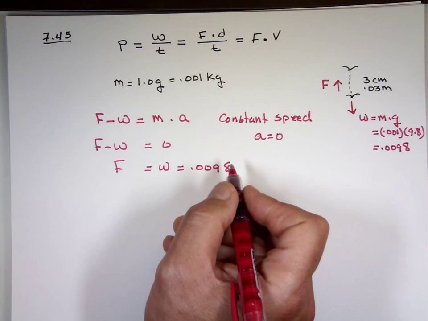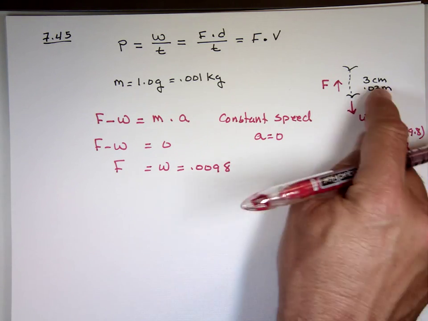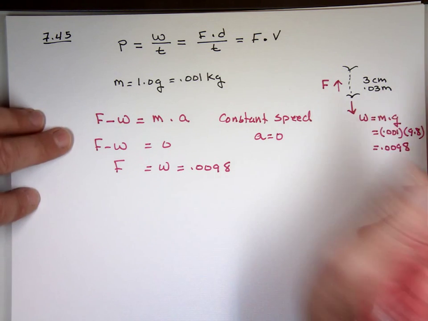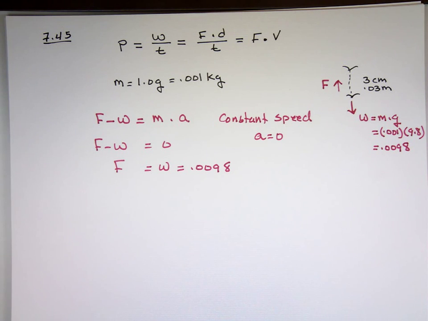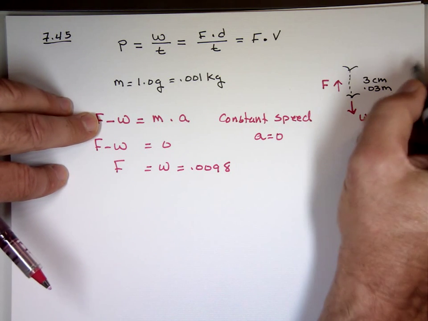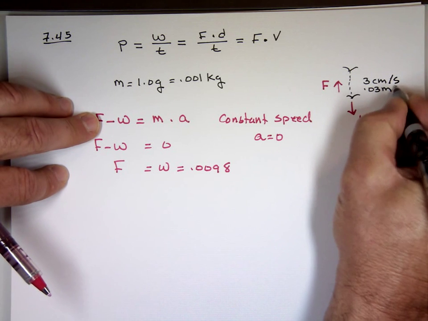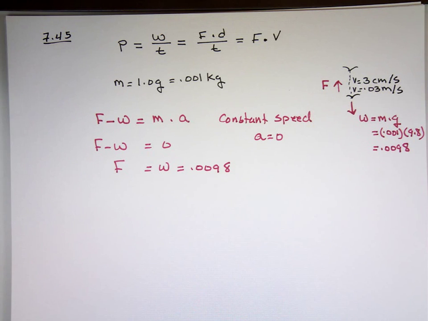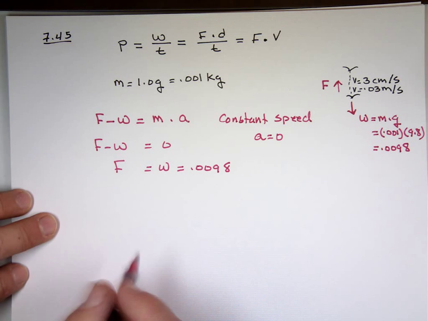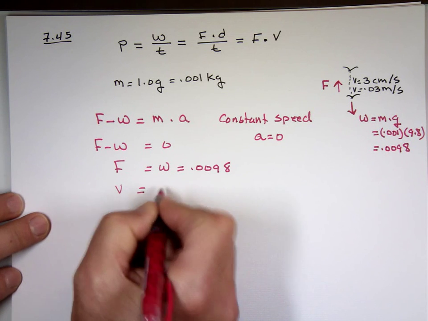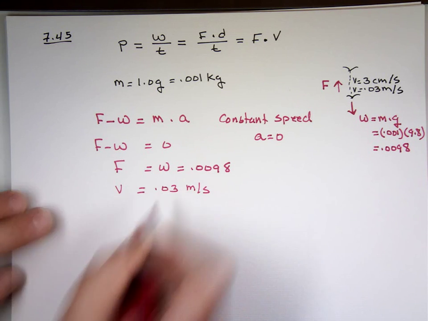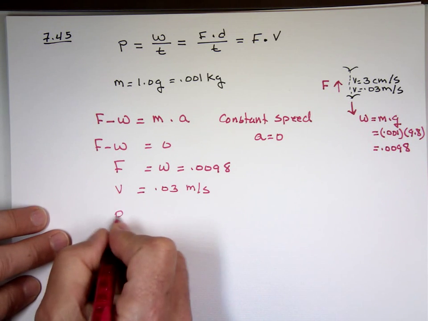Oh, I'm sorry, they're giving you the speed here. It didn't walk 3 centimeters. It walked at a speed of 3 centimeters per second. I was looking for the time. So that's the velocity. So we know what the force is. Do we know what the velocity is? 0.03 meter per second. What is the power?